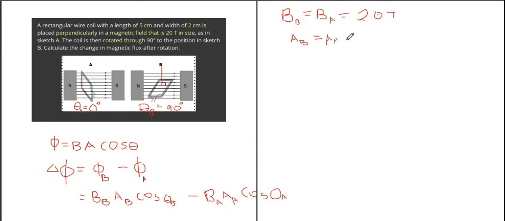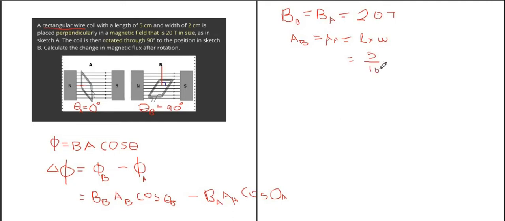And we can just calculate it. You see that the shape of your wire coil is a rectangle. They mentioned that it's a rectangular wire. So you can just say the length multiplied by the width, W. But before you do that, you need to convert. Your length is given in centimeters. To convert from centimeters to meters, you need to divide by 100.